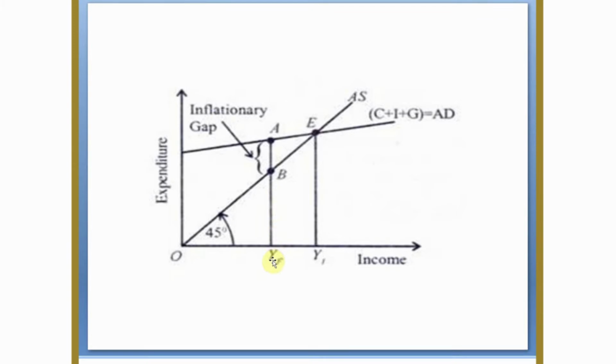When the supply of commodities goes beyond YF to YF1, here the aggregate demand curve intersects the aggregate supply curve. This point is unattainable, my dear friends, because aggregate supply will not reach this level, as the economy has already reached its full employment level.